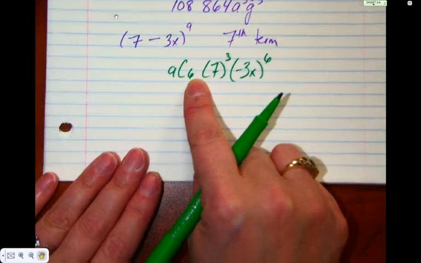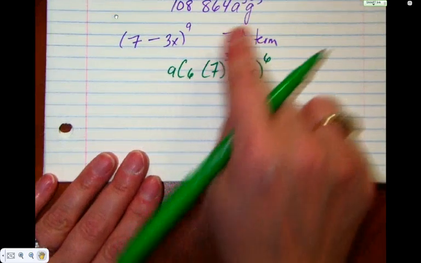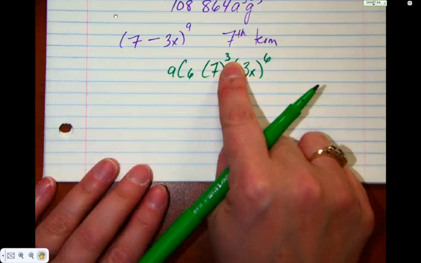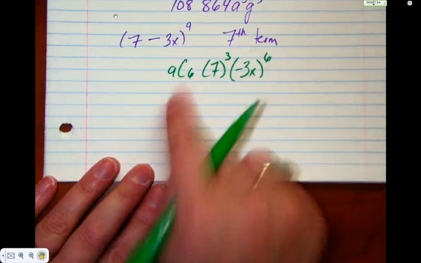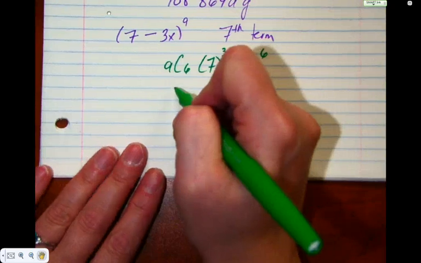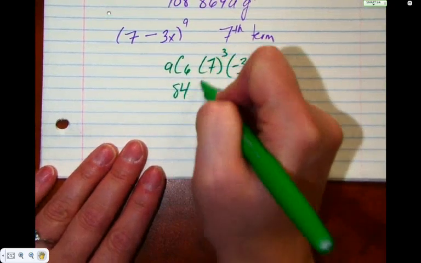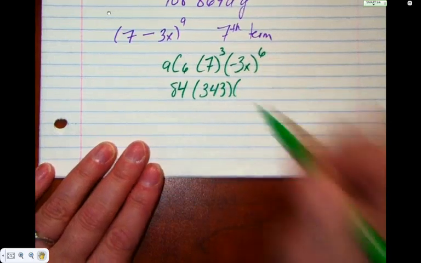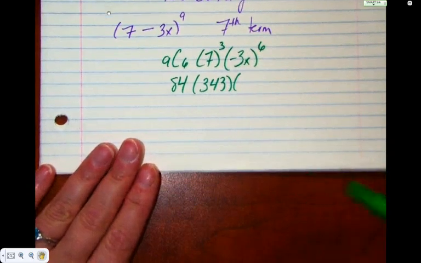Why is this a 6? Why is that a 3? Perfect. 9C6? 7 cubed? Negative 3x to the 6th?